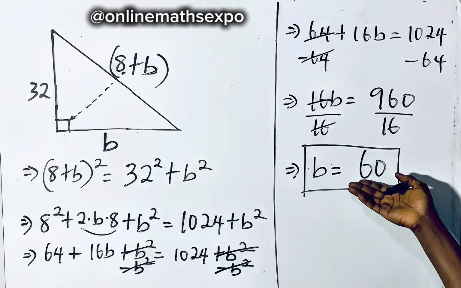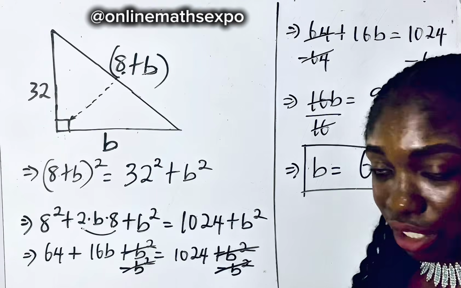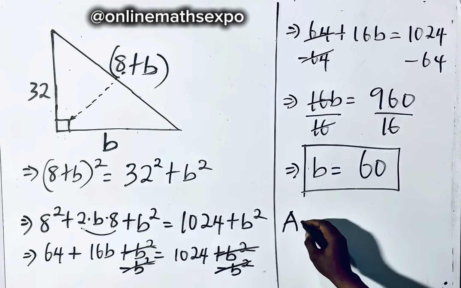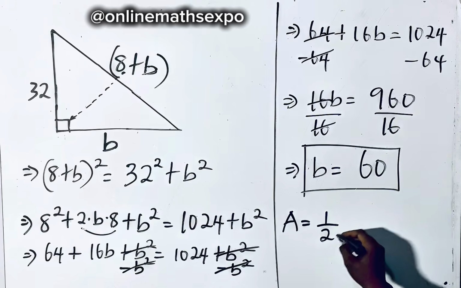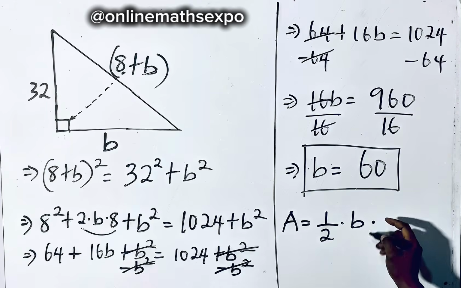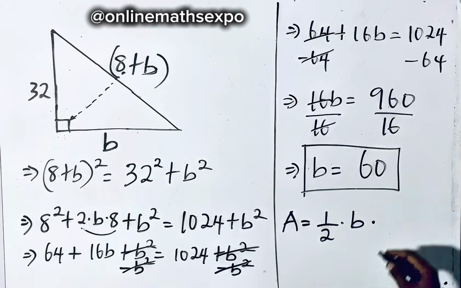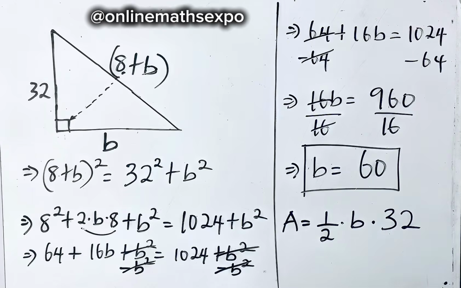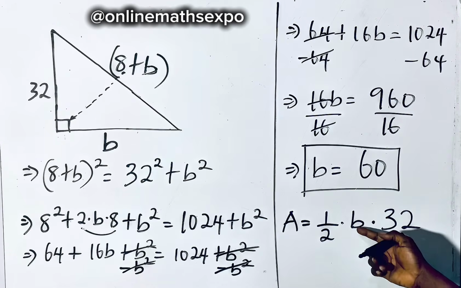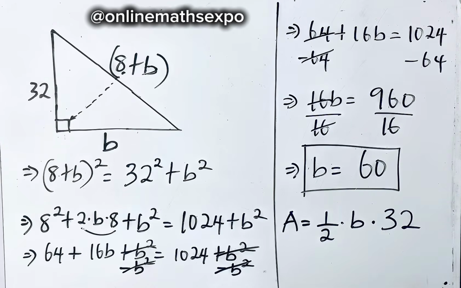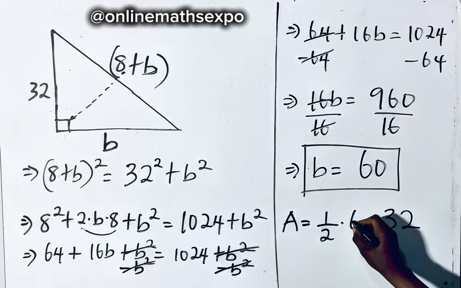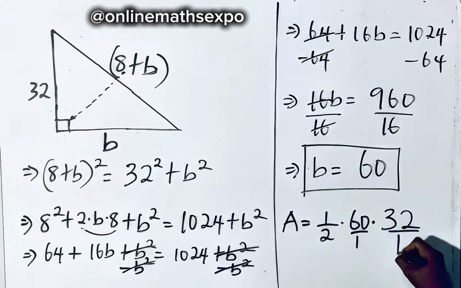Now that we have found the base, we can go back to find the area. We said that area is half multiplied by base multiplied by height, and the height we got is 32. So we replace our base with 60, which is 60 over 1.